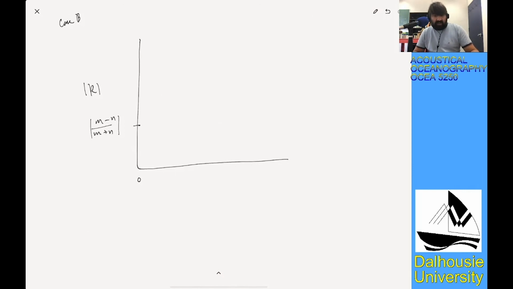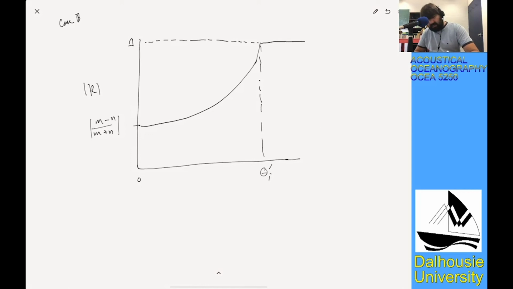But now it's going to be increasing, right up until that critical angle. So this will be 1 up here. So once you get past that critical angle, you have total internal reflection, okay? This is the total internal reflection region.